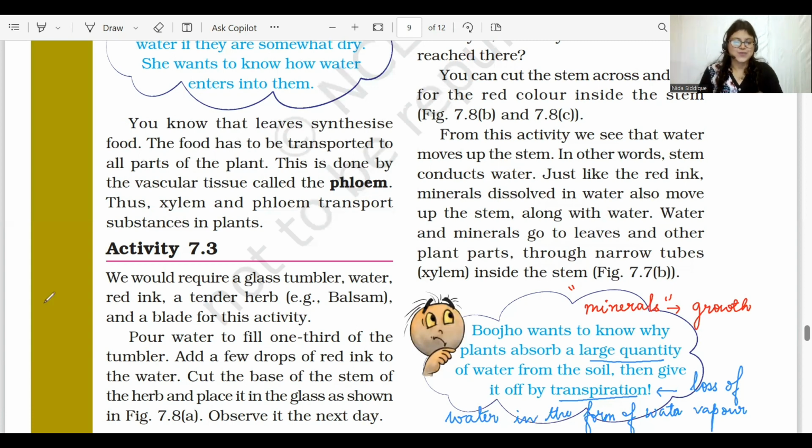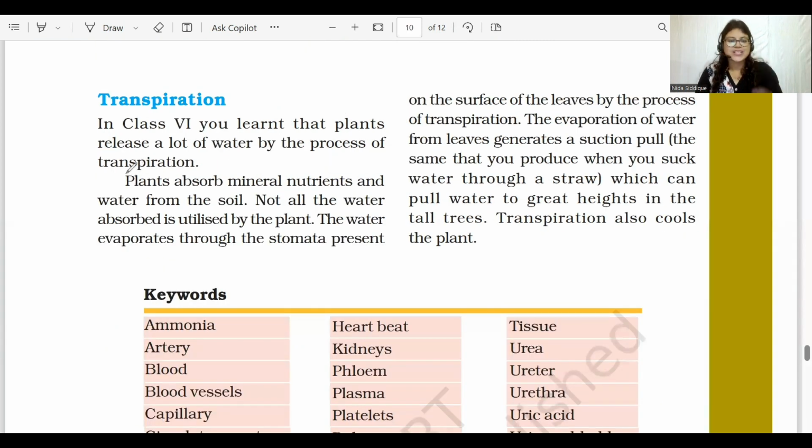Okay, let's proceed now. Let's learn more about transpiration. In class 6, you learned that a plant releases a lot of water by the process of transpiration. Plants absorb mineral nutrients and water from the soil, right? Now, not all the water absorbed is utilized by the plant. The water evaporates through the stomata present on the surface of the leaf by the process of transpiration.